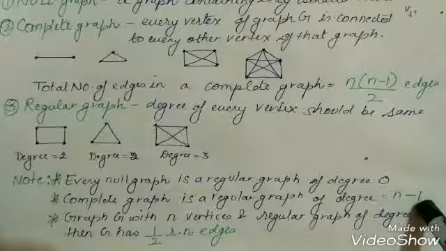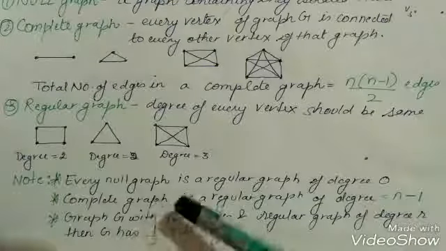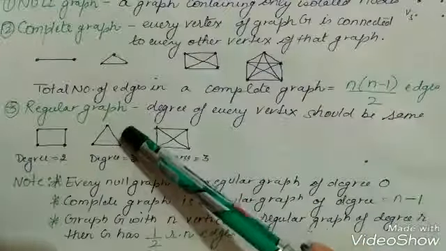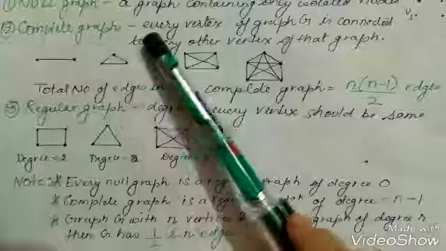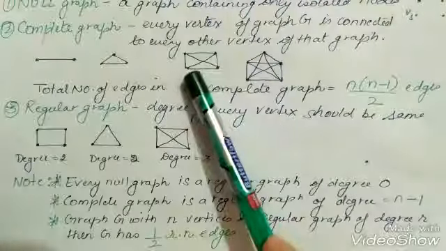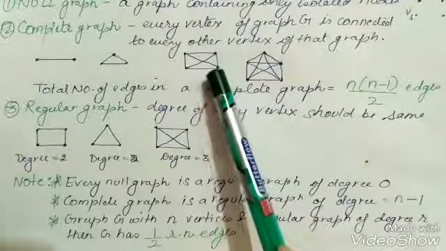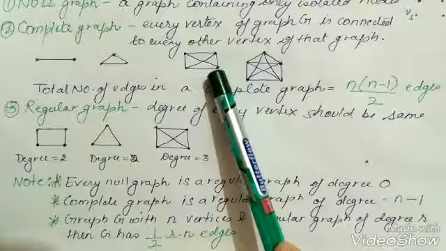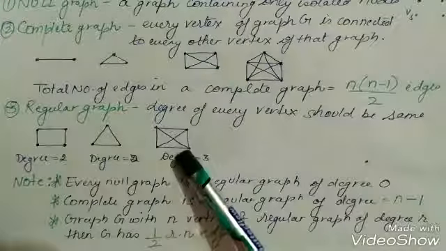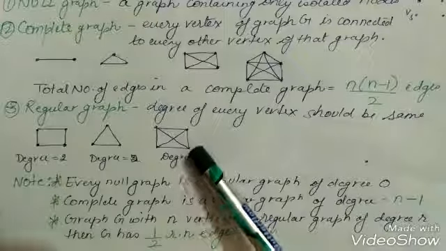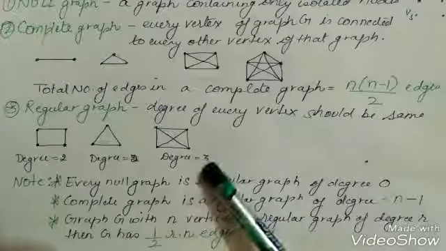What do we mean by this statement? Like here we can see that this was a complete graph and this is a regular graph. So in this complete graph, the number of nodes is 4, right? So n is equal to 4 here, and here we have taken the same figure, but this is a regular graph with degree 3.